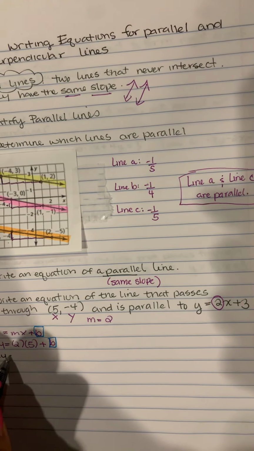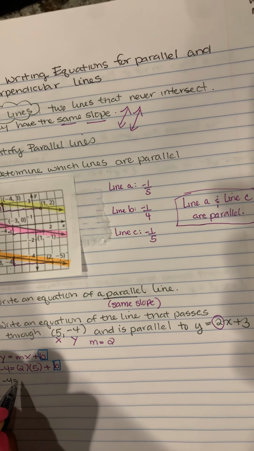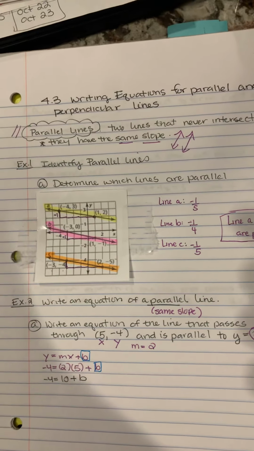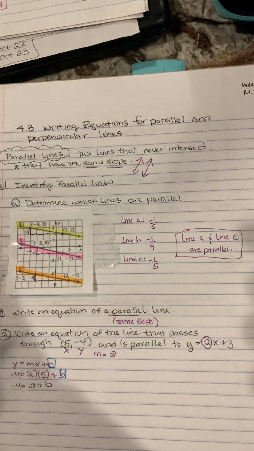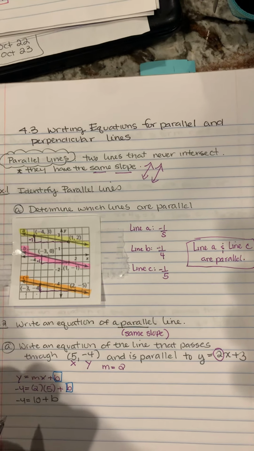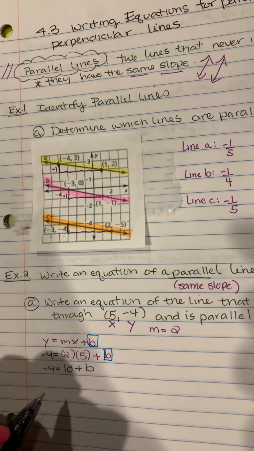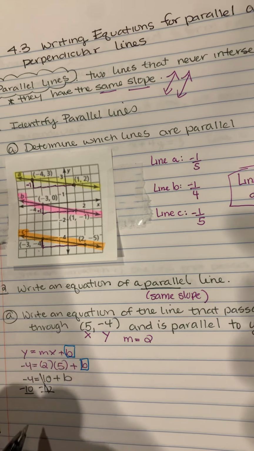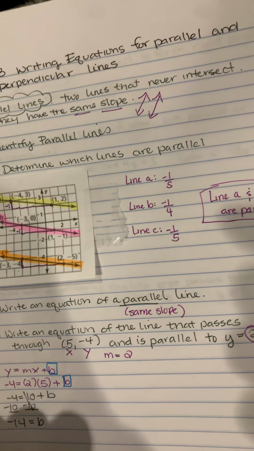So we have -4 equals 2 times 5, which is 10, plus b. Subtract 10. -14 is equal to b.